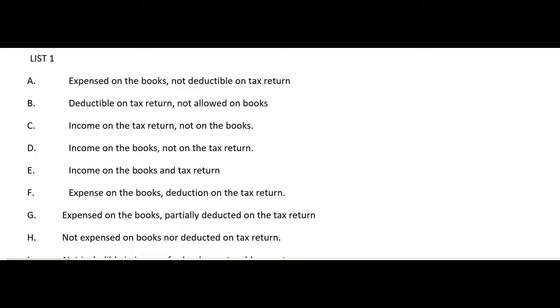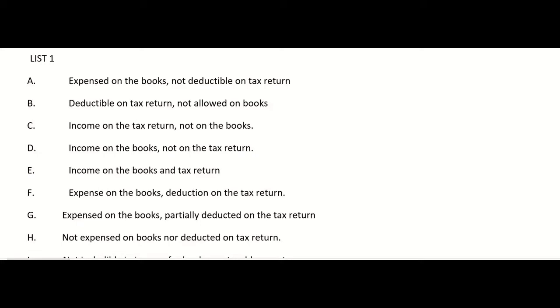What about letter F? What gets expensed on the books and deducted on the tax return? Well, any expense where the rules are the same for book and tax. An example that they love to test would be state income tax paid by a corporation on corporate taxable income. Income tax paid to the state government by a corporation is expensed on the financials and deducted on the tax return.